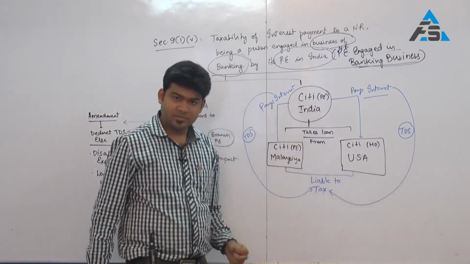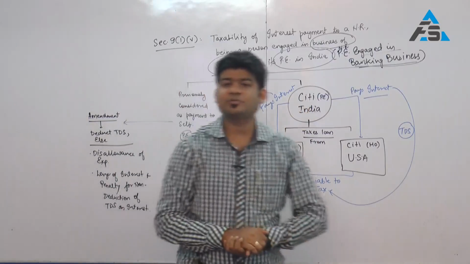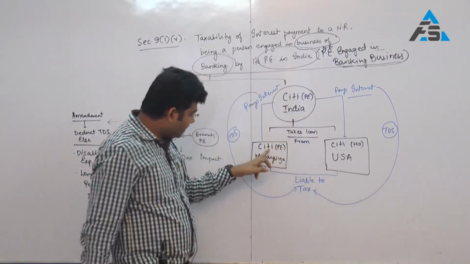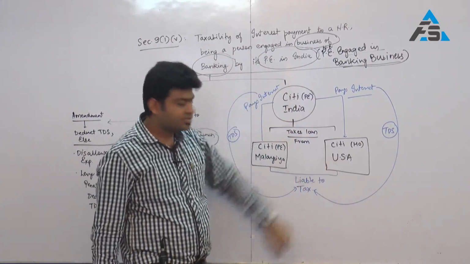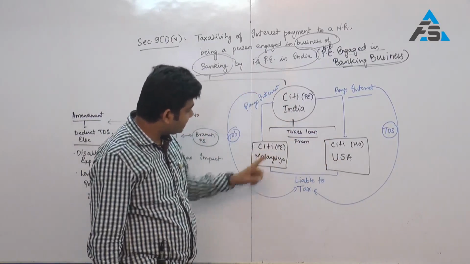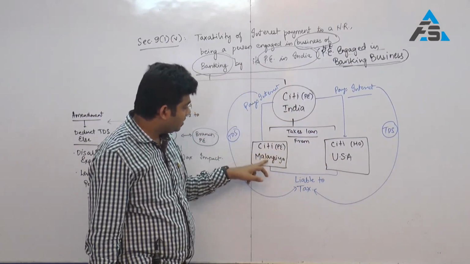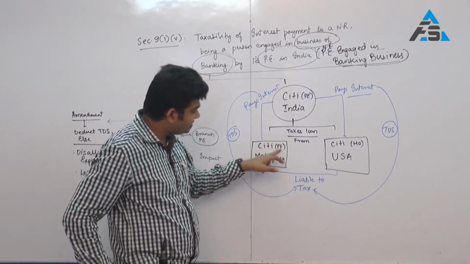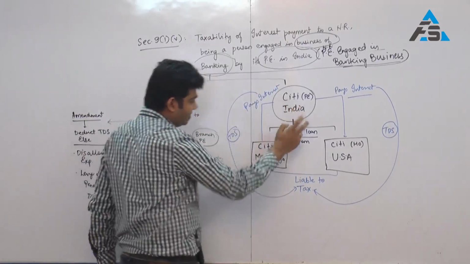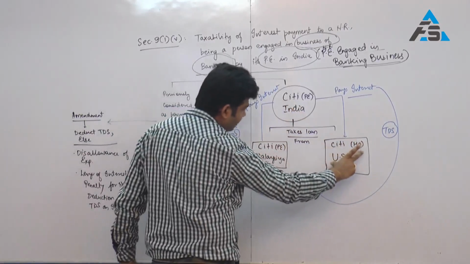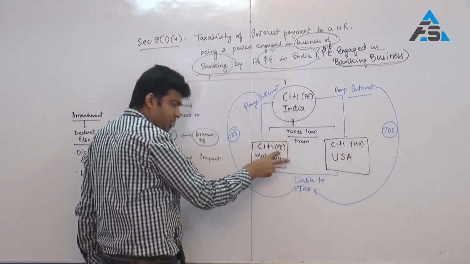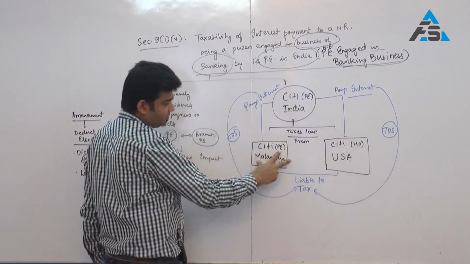City India, having a banking establishment in India, takes a loan from its head office in USA. City USA takes a loan, and it also takes a loan from City Malaysia, which has its permanent establishment in Malaysia. So City India takes a loan from City USA head office or City Malaysia, another permanent establishment in another country.